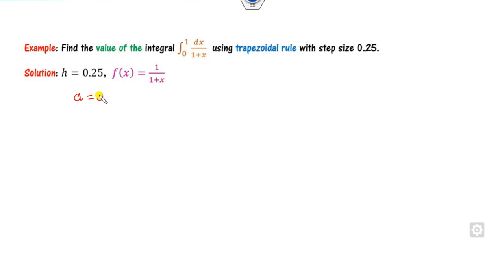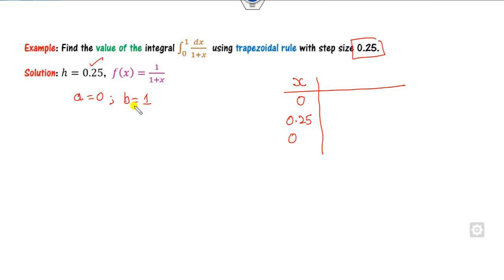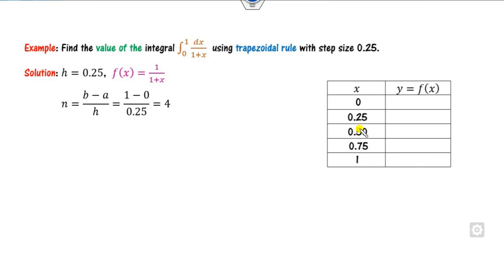Now a will be 0, b will be 1. Always draw that table. Firstly, starting value 0, step size h is 0.25, so you add 0.25 until you reach 1. So 0.25, 0.50, 0.75, 1.0. Fine.